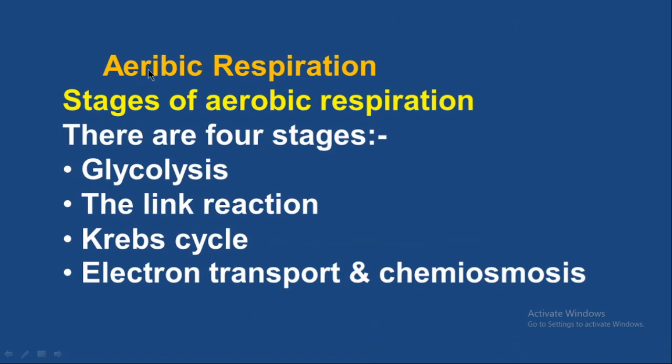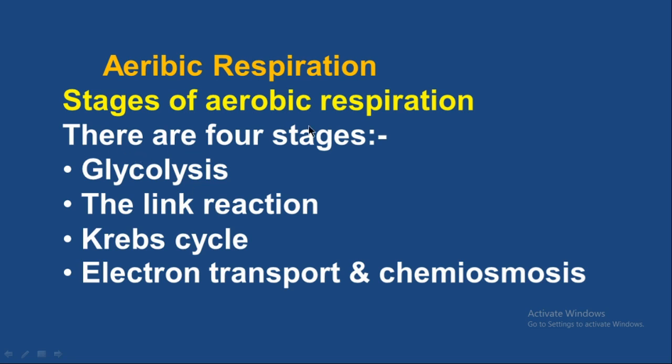What is aerobic respiration? Aerobic respiration is a type of respiration that requires oxygen, of course, and takes place in the mitochondria of the cell. But this aerobic respiration occurs in 4 different stages. At the end of these 4 stages, about 36 ATP molecules are produced.